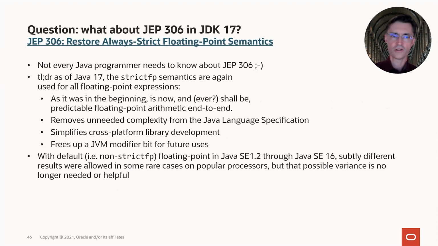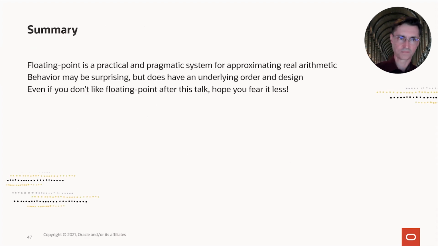Between Java 1.2 and Java 16, for some rare cases on popular processors, a little bit of variance from the exact floating point results was allowed, but that variance is no longer needed or helpful, so we got rid of it in JDK 17.